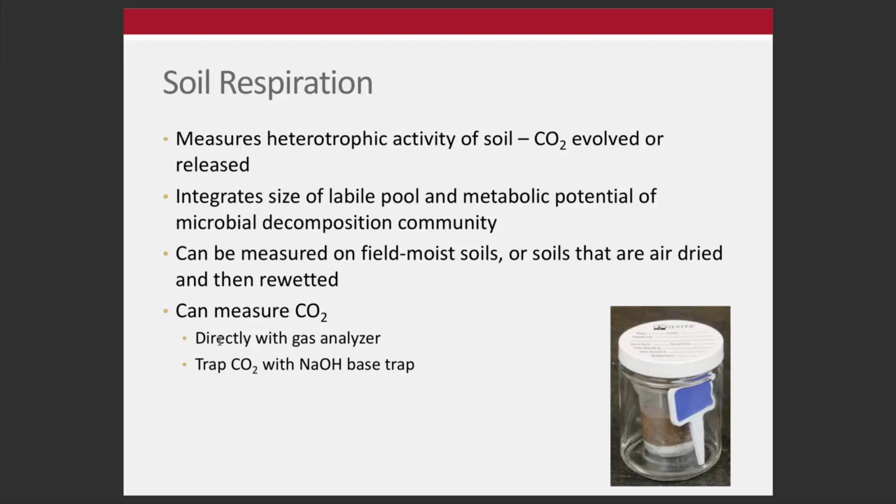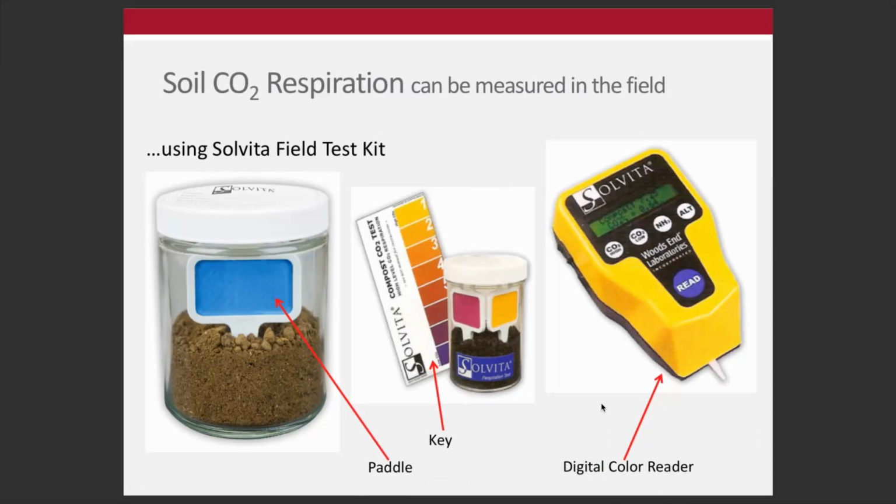And that can be done directly by using a syringe and measuring the concentration of gas, or you can trap that CO2 in some various things, okay, and then quantify a pH change. And so Solvita is the commercial implementation of this method. Solvita just took a method and essentially developed this implementation where this is a CO2 trap.